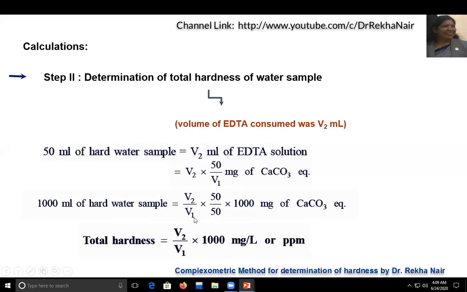So we get V2 upon V1 into 1000 milligram per liter or ppm, because we had taken the total water sample in which there were temporary hardness and permanent hardness. So total hardness will come out to be V2 upon V1 into 1000 milligram of calcium carbonate per 1000 ml, that is milligram per liter or ppm.